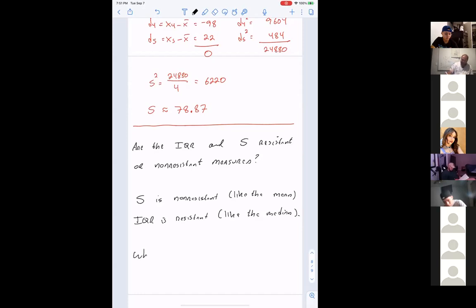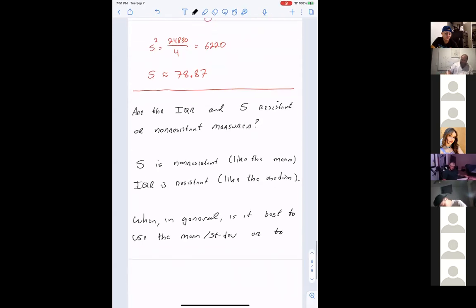So in general, is it best to use the mean and the standard deviation, or to use the median and IQR? When do we use which?